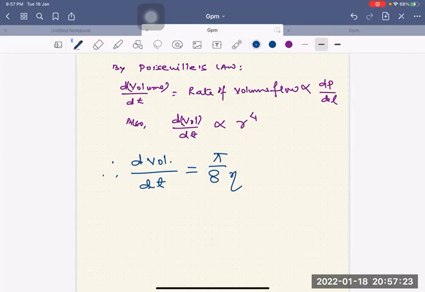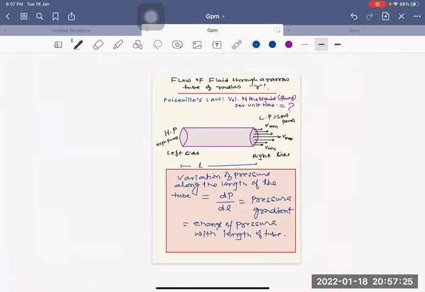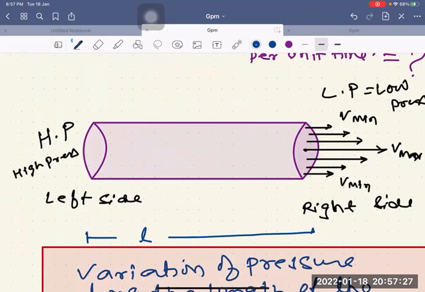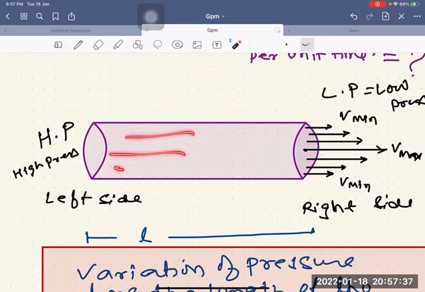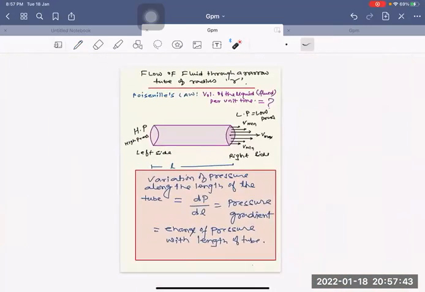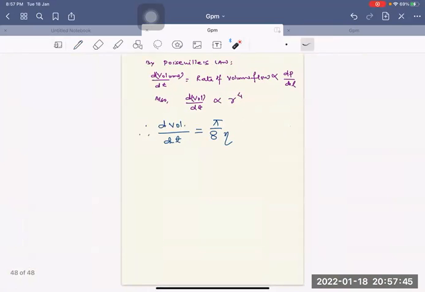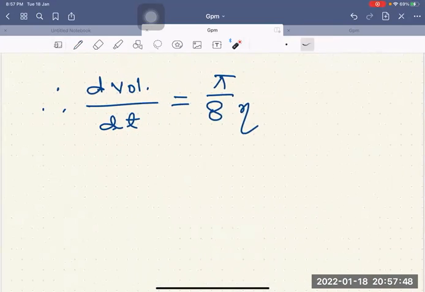We can say, higher the viscosity, अगर ज्यादा viscous होंगे तो rate of flow कम हो जाएगा, कम viscous होंगे तो flow will be the higher. Lower the coefficient of viscosity, the rate of flow will be high. So that's why it is in the denominator side.